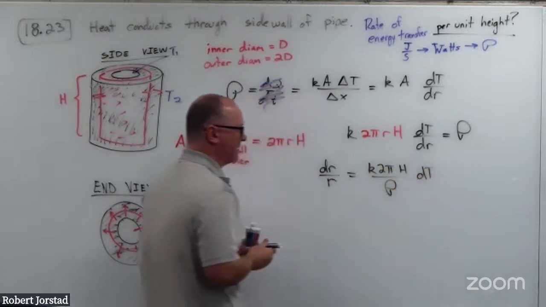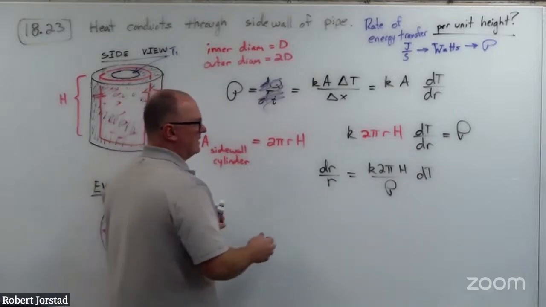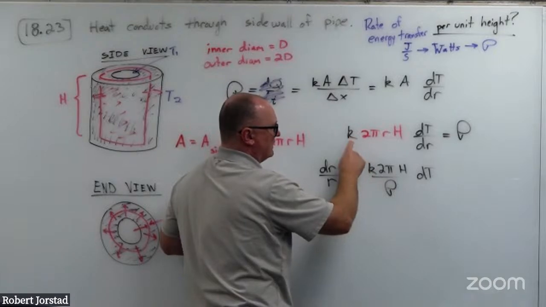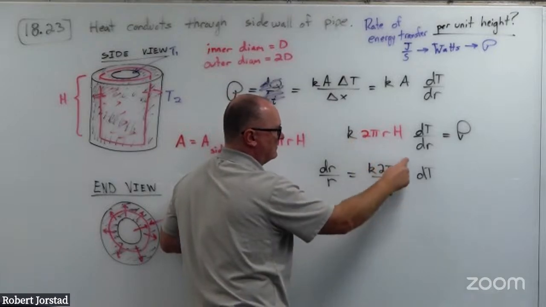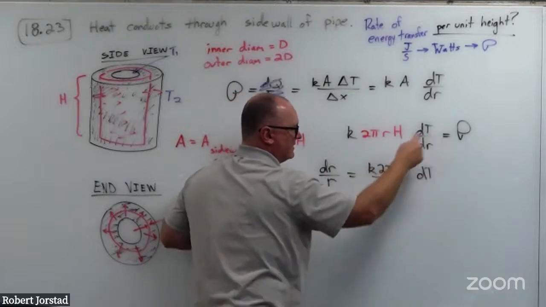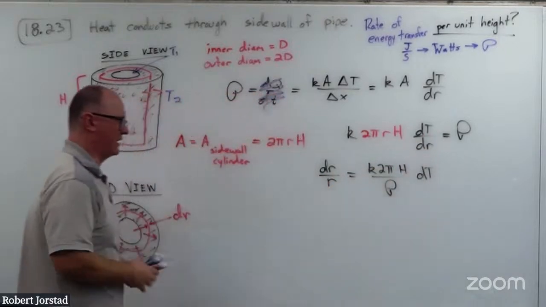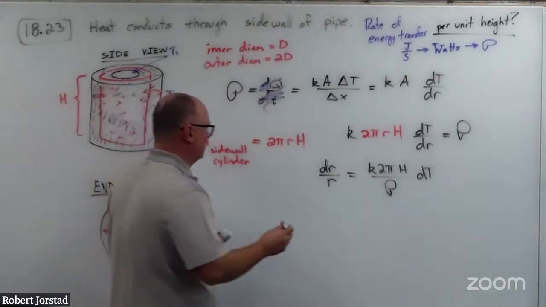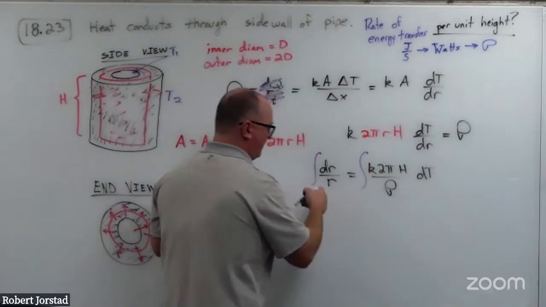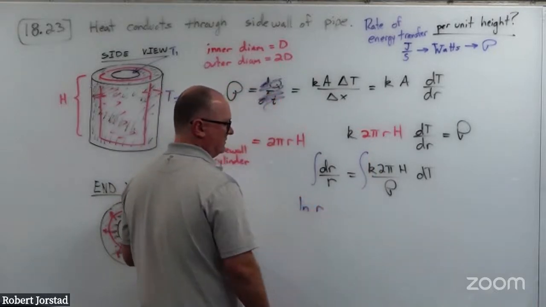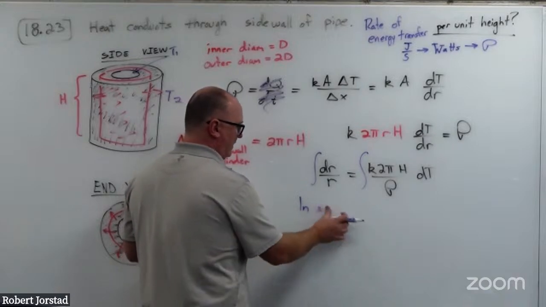Let me check that I didn't mess this up. Power comes over here, so you get k 2 pi h over the power, and then a dT. Moving these to the other side they flip upside down, so that looks right. What would you do at this point? Integrate. What do you get on this term? Log of the radius.